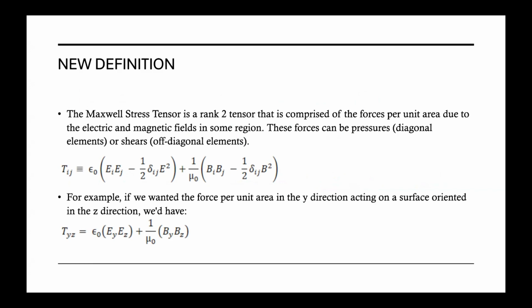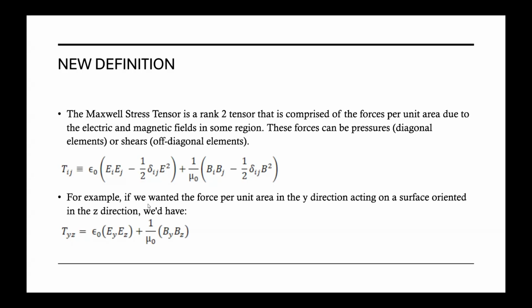So a pressure is just a force per unit area applied in the direction of a surface, in the direction of the force. And then the shears are a force applied in a direction onto a surface that is oriented in a different direction.